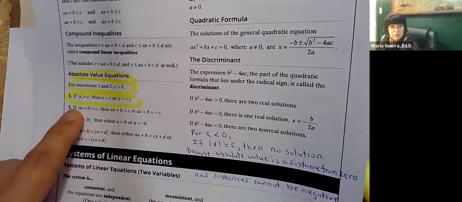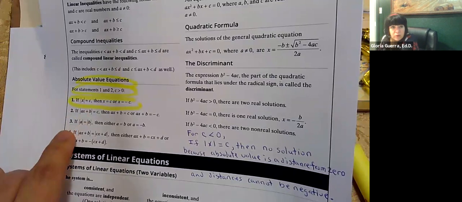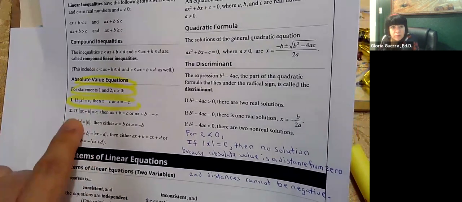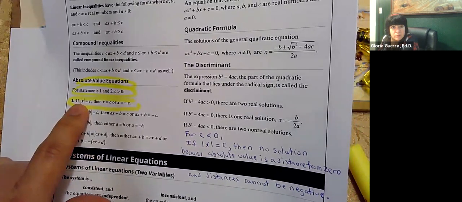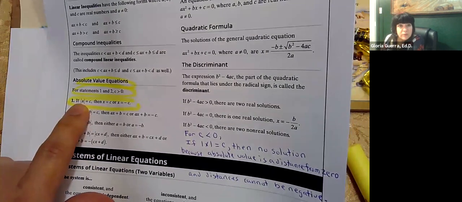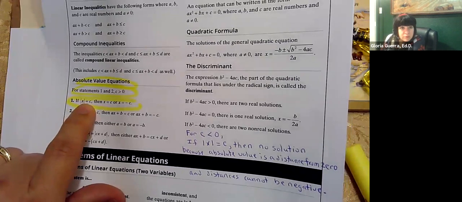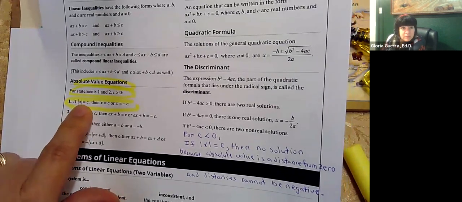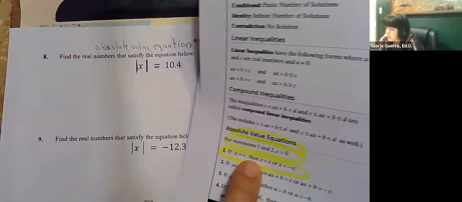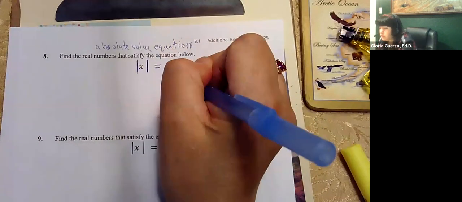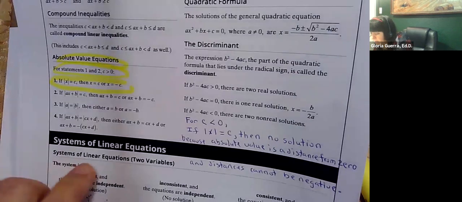And I would say number 1 would be closest to that look. Because it looks very similar. See, absolute value of x equals C. So your C is like your 10.4. There's your absolute value of that.